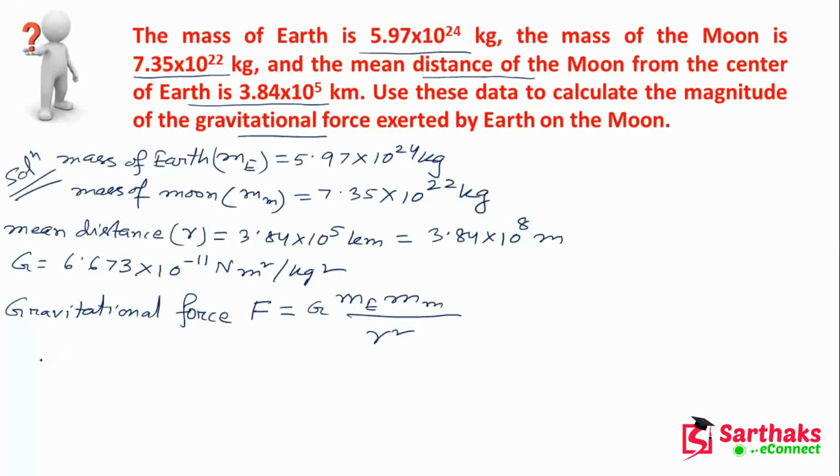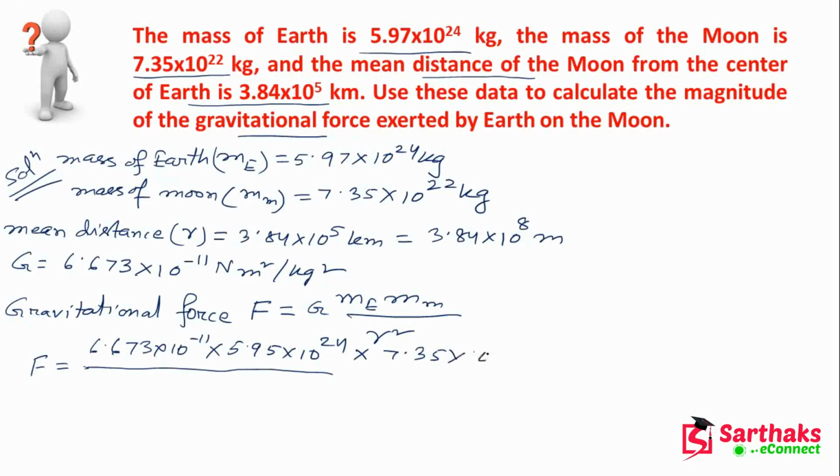So if we put all the values, F equals to 6.673 into 10 to the power minus 11 into 5.95 into 10 to the power 24 into 7.35 into 10 to the power 22 divided by 3.84 into 10 to the power 8 whole square.